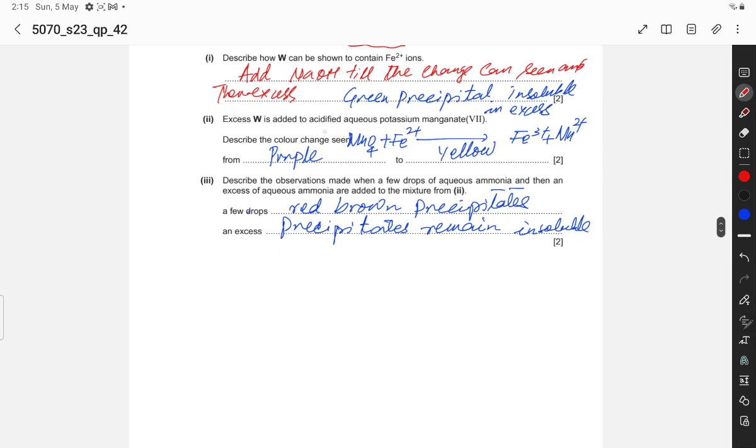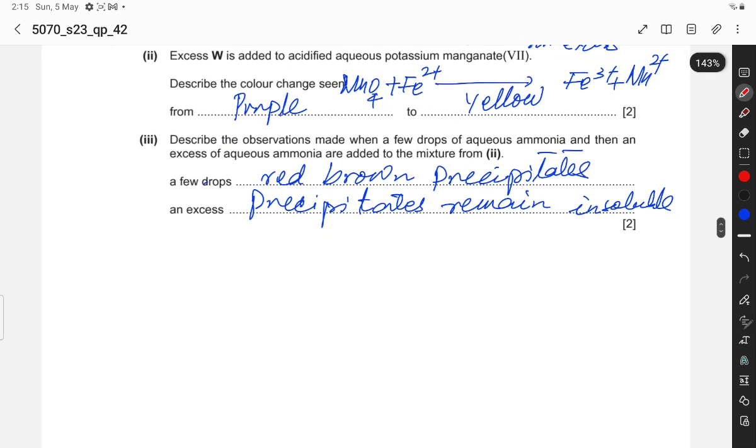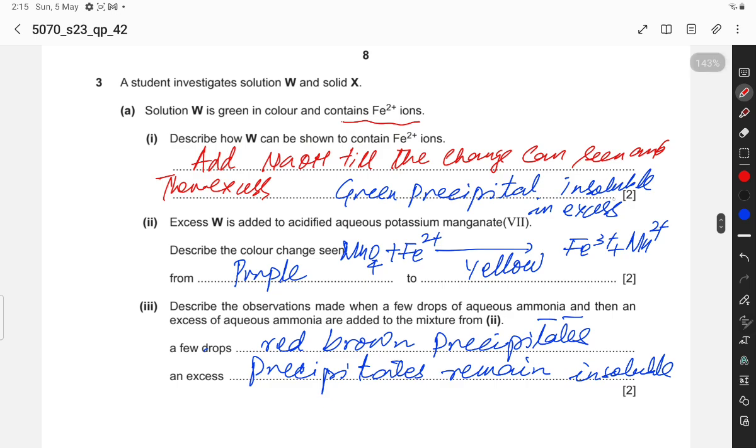Excess W is added to acidified potassium manganate solution. When potassium manganate is added to the green solution, it is going to oxidize Fe2+ to Fe3+. Fe2+ is the green colored solution and Fe3+ is yellow.